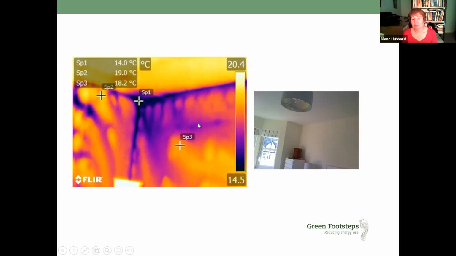So the cooling here is to the extent that in this new build property, under normal living conditions, so 20 degrees C, say, in the middle of the room, 50% relative humidity, at points they will be getting mold growth in the winter on this wall. So it can have quite serious implications.